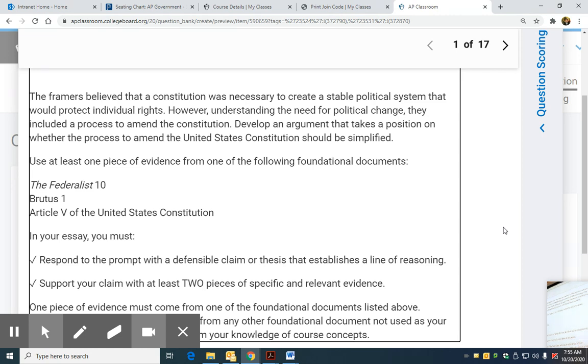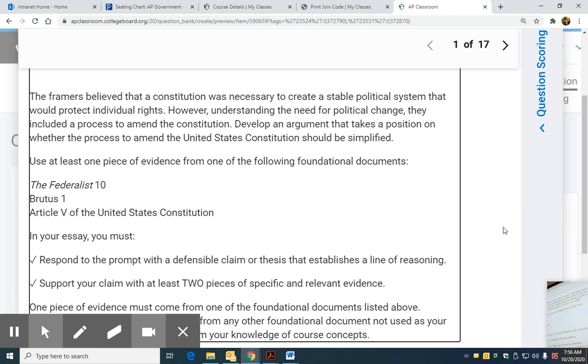Okay, so here is what you have to argue. Develop an argument that takes a position on whether the process to amend the United States Constitution should be simplified. So you have 2 options here. What are your 2 options to defend? You have 2 choices. Elliot? You can defend whether a large central government is better than... You're on the right track, but that's not quite right.